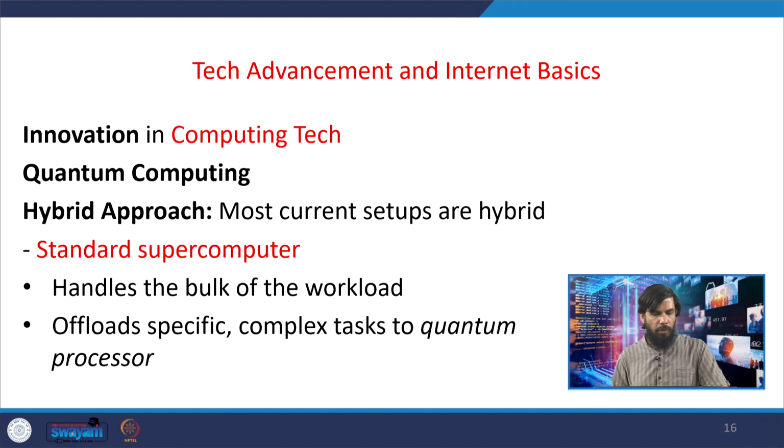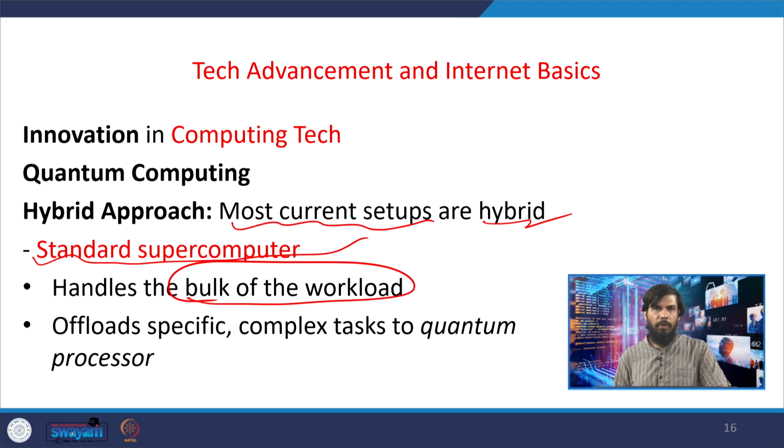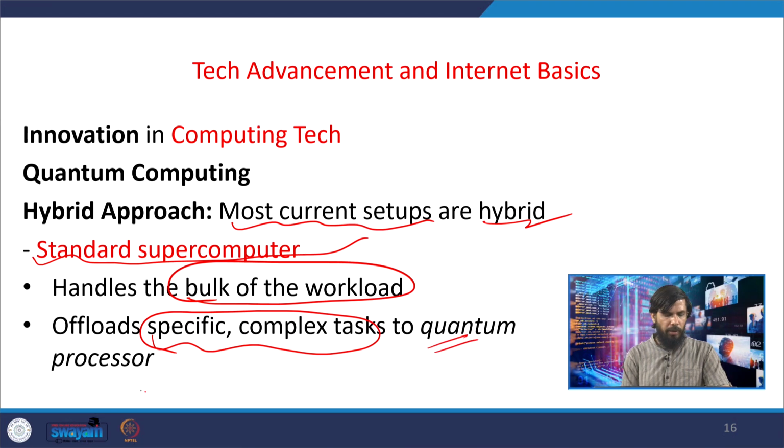Now, we also observe that the current approach of quantum computing follows a hybrid approach. Most current setups are hybrid, where a standard supercomputer is doing two things. First, it is handling the bulk of the workload, but for certain specific or complex tasks, it can offload those tasks to a quantum processor, right.